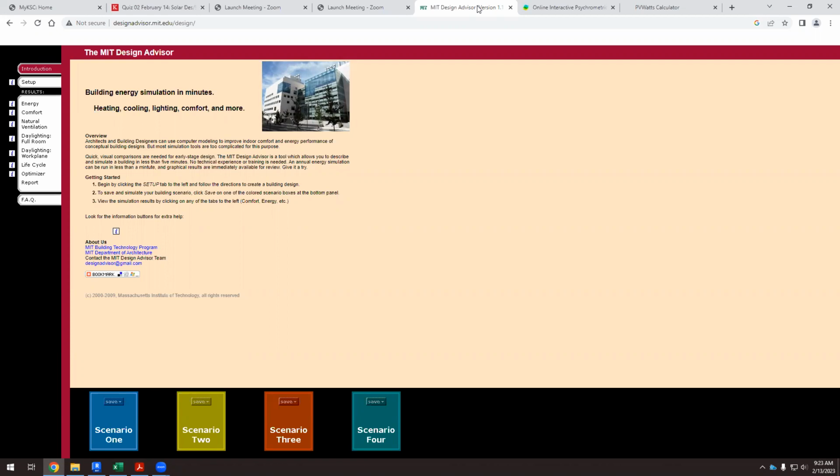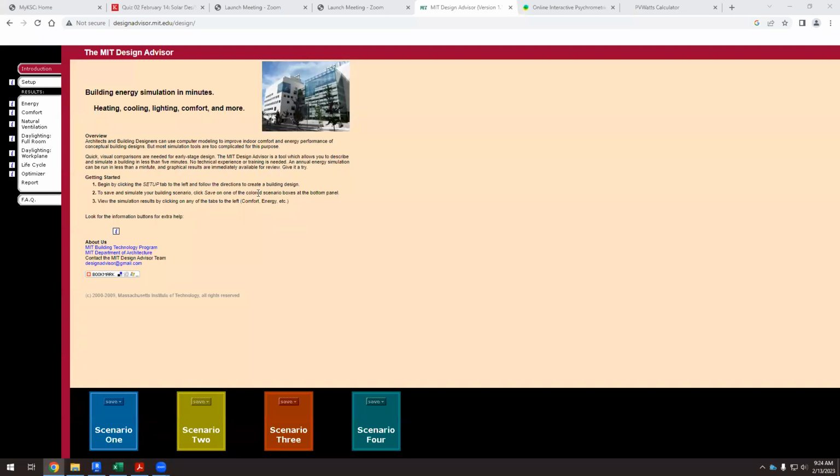Probably this is the most prestigious technical school in the world, I mean, for architecture and engineering. We're going to use that tool, and this tool comes from the Massachusetts Institute of Technology. It's an online free tool, so you can use it.